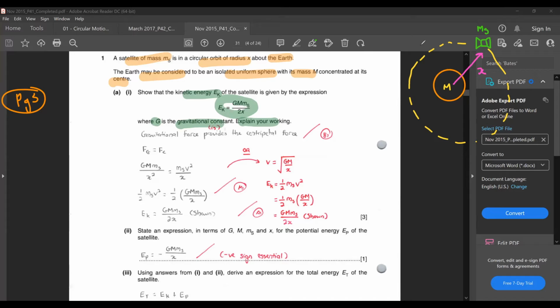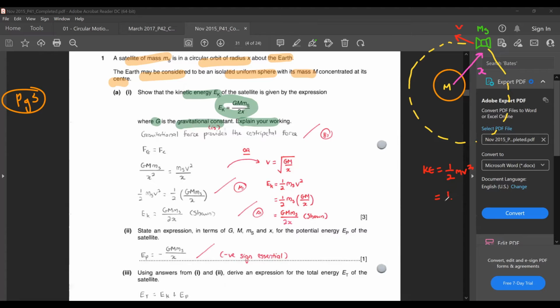Now from what you learned in the previous lessons, when something is moving in a circular orbit, say a satellite moving in a circular orbit around a planet, there is something called linear speed, which is always tangent to the point where the satellite is at. So here, if they ask you for kinetic energy, you could have easily related to half mv squared.